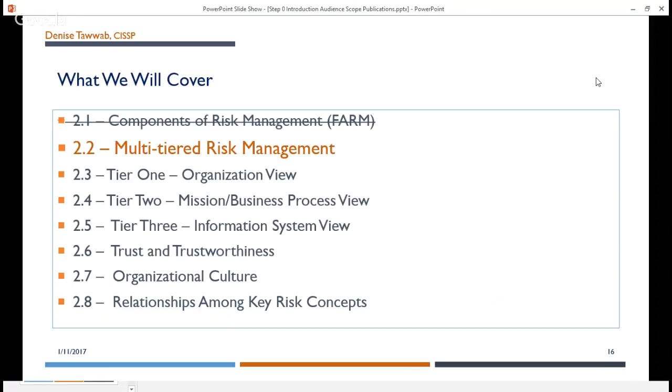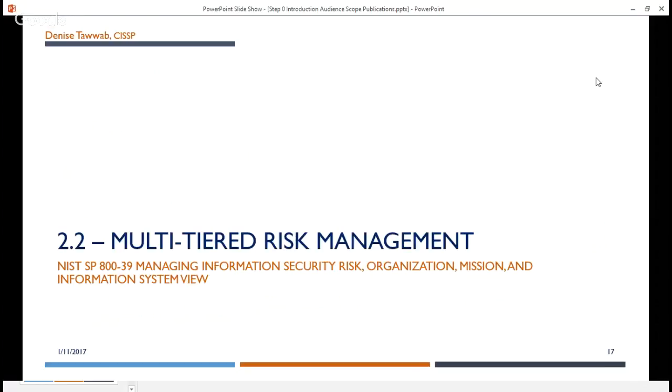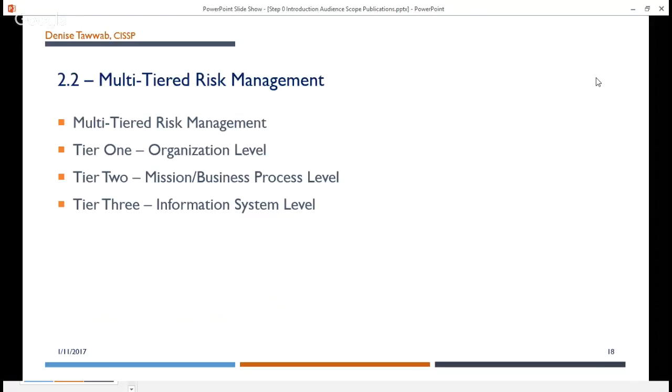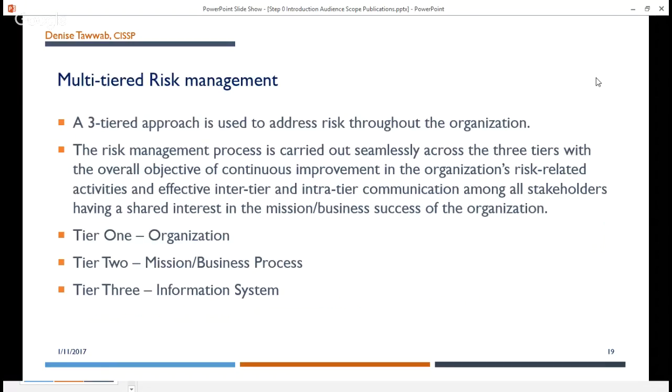Okay, the next thing we're going to cover is multi-tiered risk management. We'll look at the concept of multi-tiered risk management and then risk management at tiers one, two, and three. So, multi-tiered risk management in the NIST risk management process is a three-tiered approach that's used to address risk throughout the organization or the business.